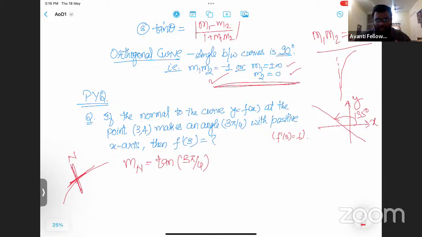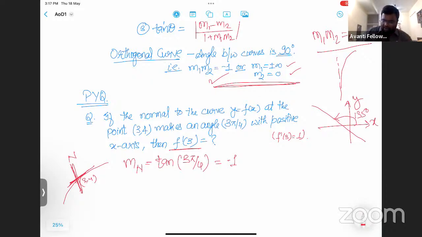So what we are given here is the slope of the normal as tan 3 pi by 4, which is nothing but -1. Now the second thing we need to understand is that it is asking f dash of 3. The point is the same, (3, 4), and f dash of 3 is the slope of the tangent at the point (3, 4), right? f dash is the slope of the tangent.